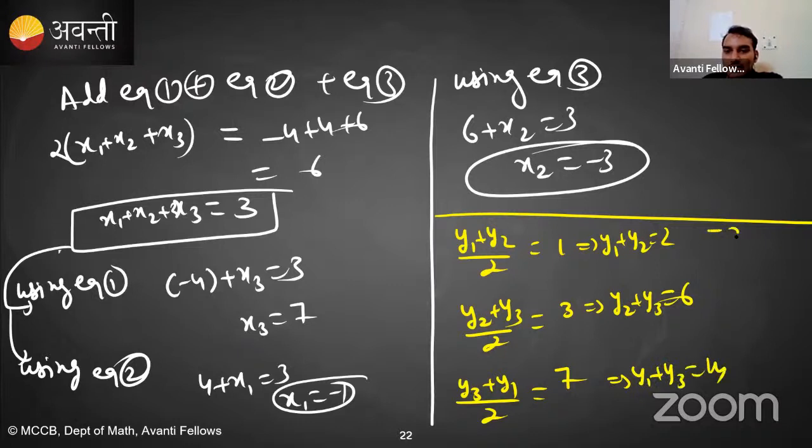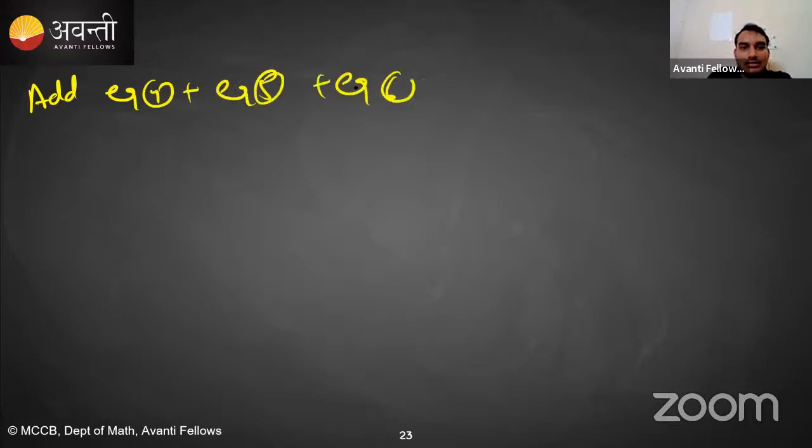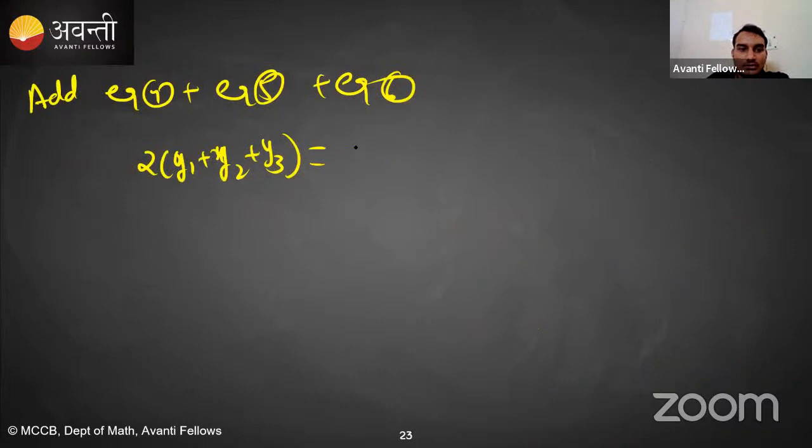So let's call these equations 4, 5, 6. Add equations 4, 5 and 6. What do you get on the left-hand side? 2 times y1 plus y2 plus y3 is equal to 2 plus 6 plus 14, which is 22.